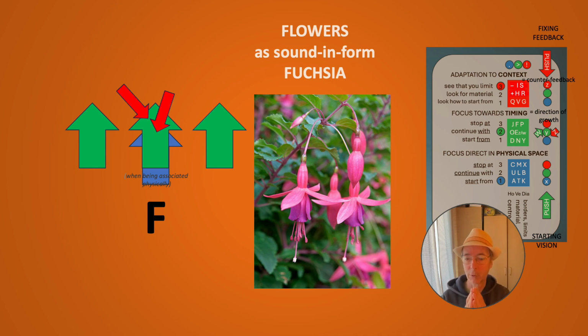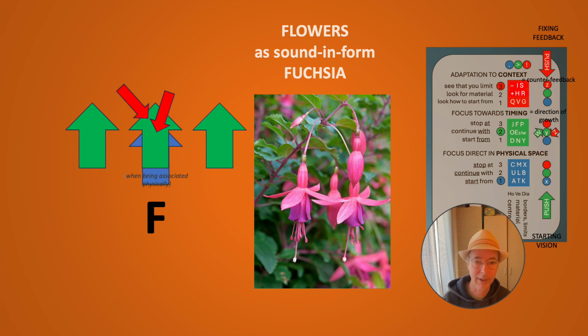This forwardness of the F also has some counter pushes, a feedback process that it has to deal with. So it can't go straight forward, so it has to adapt a little bit. That's what the F letter is, and that's what it expresses.